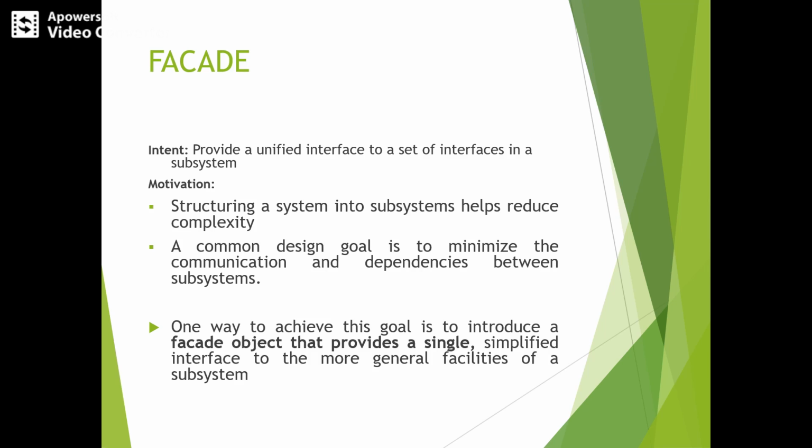The facade defines a higher level interface that makes the subsystem easier to use. So the main intention of the facade pattern is to make the entire subsystem easier to communicate with, all the subsystems and subclasses of whatever objects are declared or defined.